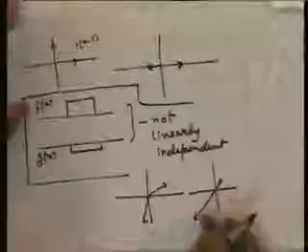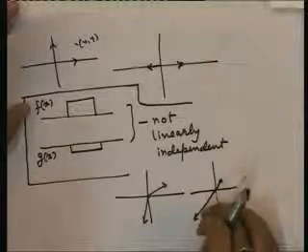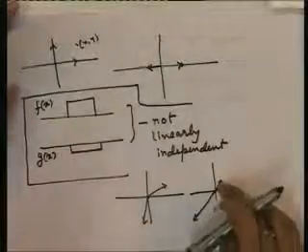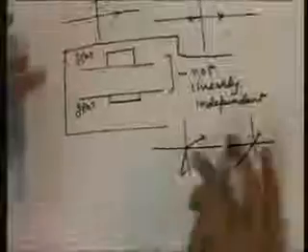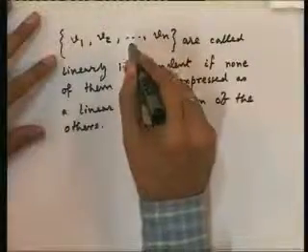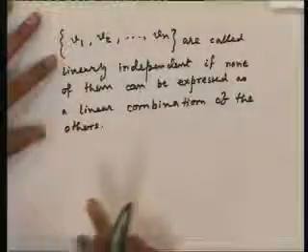We have seen in this case, for example, that this vector can be written as a linear combination of this vector. That is basically a scaling of this vector, whereas these two cannot be written that way. So these are linearly independent. If no vector here can be expressed as a linear combination of the other vectors, then this set of vectors will be called linearly independent.